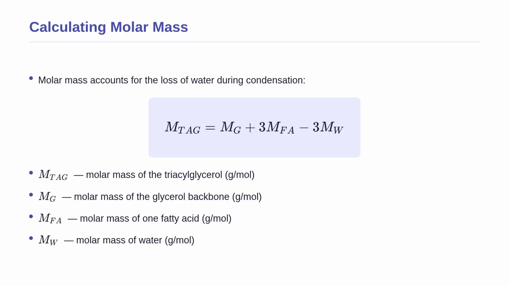Therefore, the molar mass of the triacylglycerol equals the mass of one glycerol plus the mass of 3 fatty acids minus the mass of 3 water molecules. If we were using a lighter fatty acid, the value of the fatty acid mass would decrease, resulting in a lighter triacylglycerol overall.